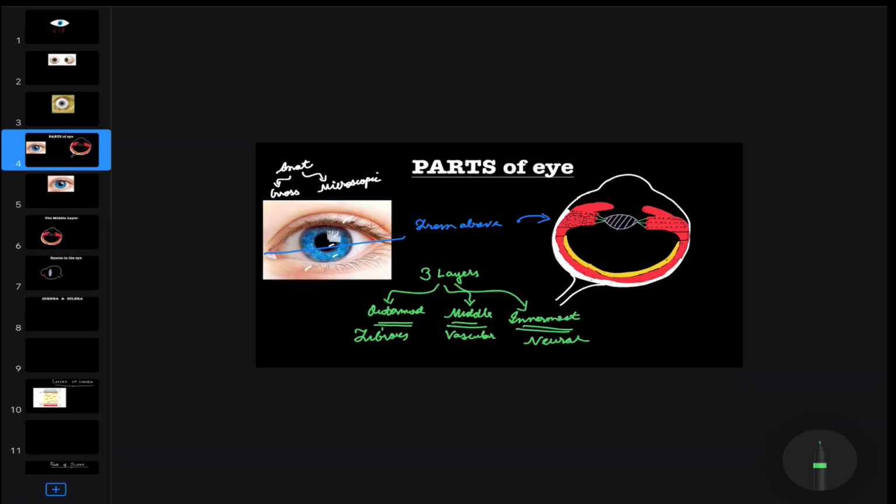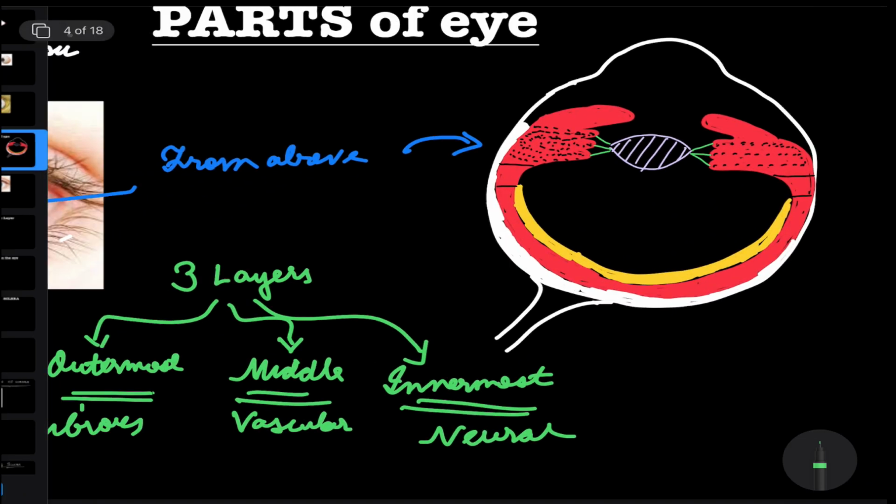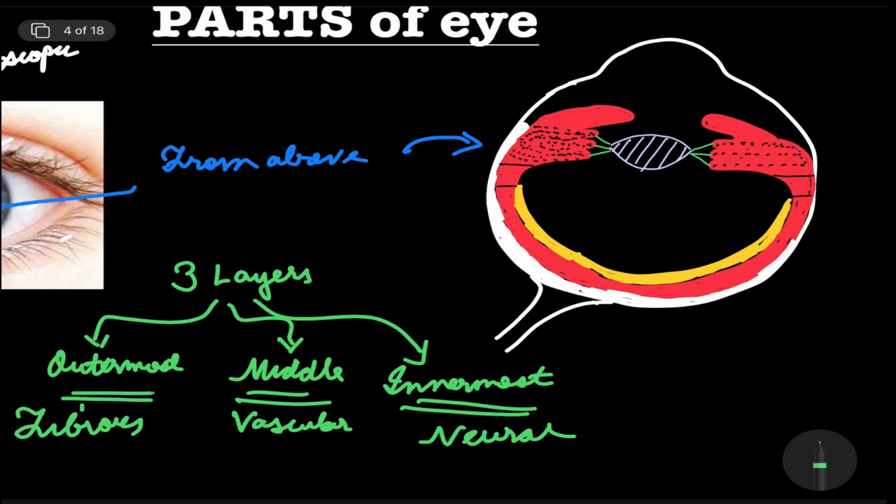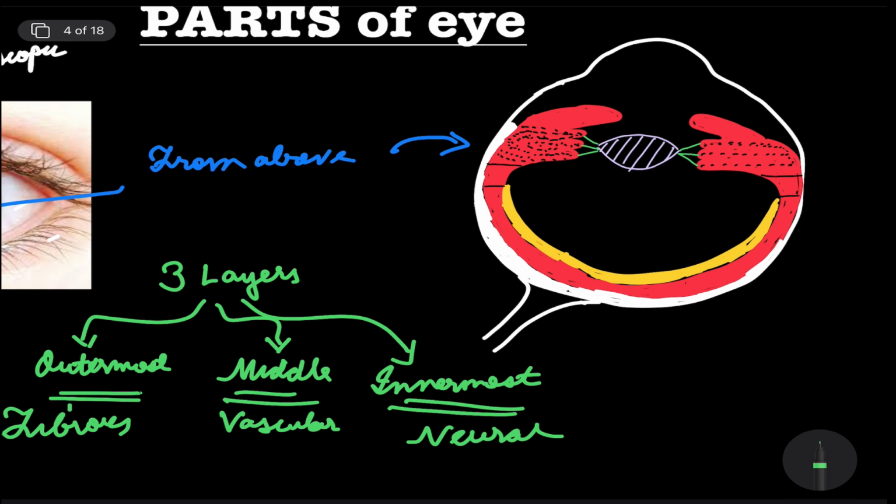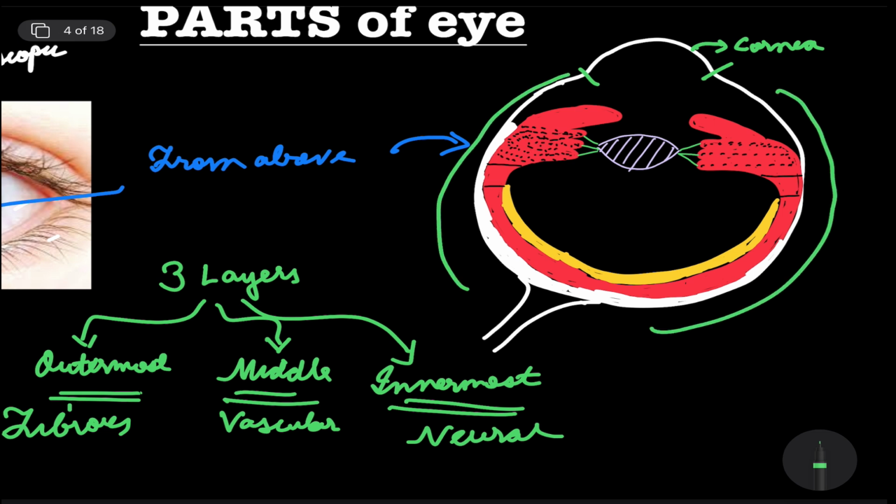Let's go back to that picture. See this entire white structure over here, this outer white layer, this is actually the sclera, except this part. Which part am I talking about? This is the cornea. From here to the entirety, this entire white portion is sclera.